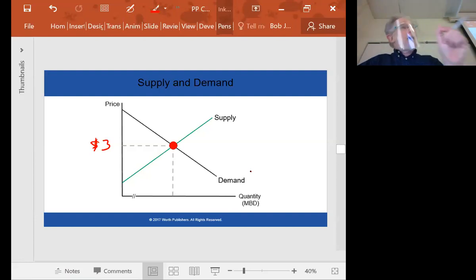If you have exit from the industry, you have firms going out of business, fewer firms, does that mean you're going to get more output or less output? You're going to get less. Just think about it. What if all the firms went out of business? Then supply would shift all the way back to the axis, and there would be no supply.